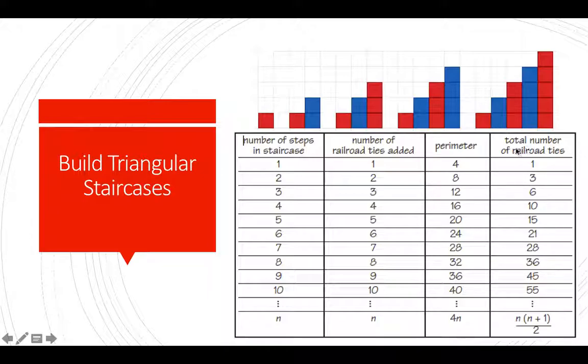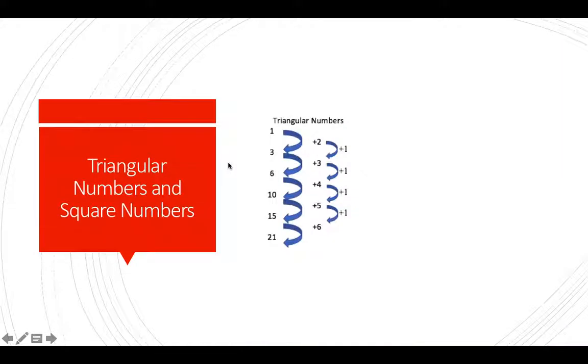Now, in this column right here, we have a set of numbers which are called triangular numbers. We can see that we're basically making larger and larger triangles here. This lesson is also a very good opportunity for students to think deeply about sets of numbers of this type. I'll show you what I mean.